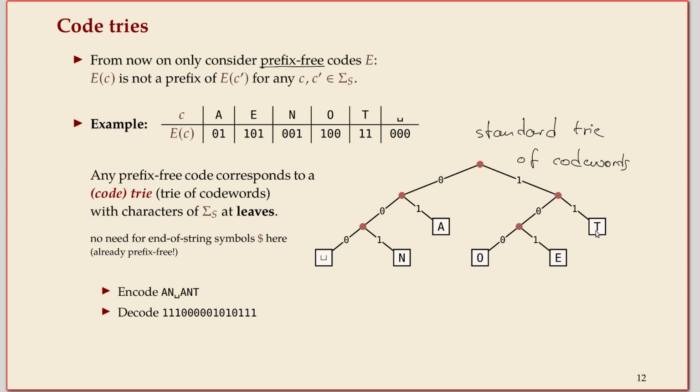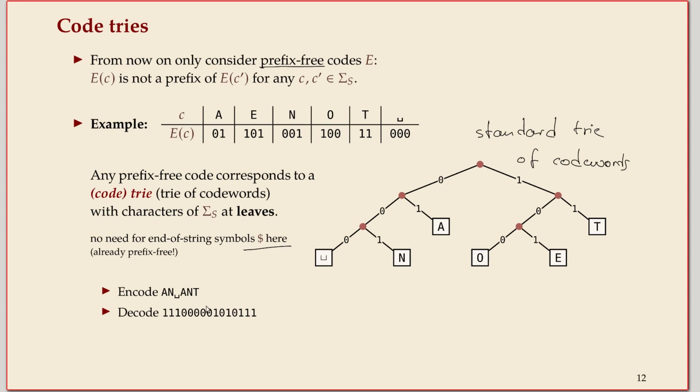Now, one way to achieve prefix freeness is to append an end-of-word character. We could do this for our codes, but then we would need another character. So here what we really do is instead just make sure that the code words we pick happen to be prefix-free. So that's why we can avoid the dollar here.